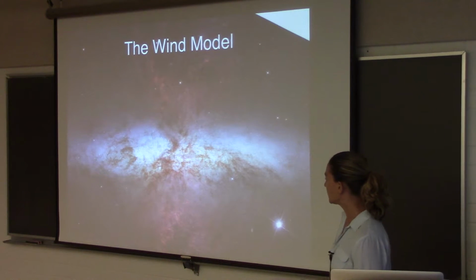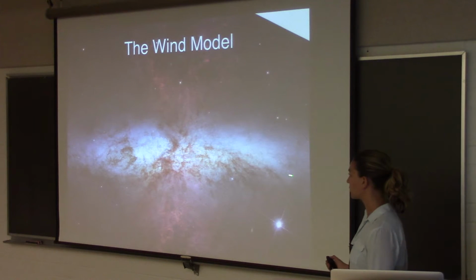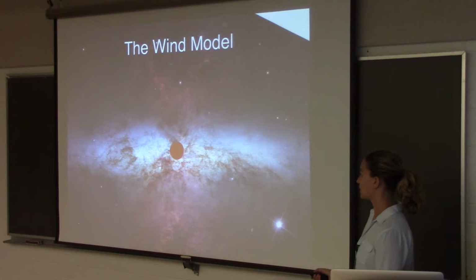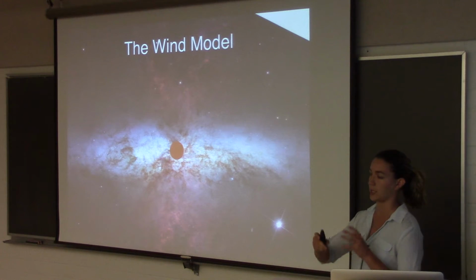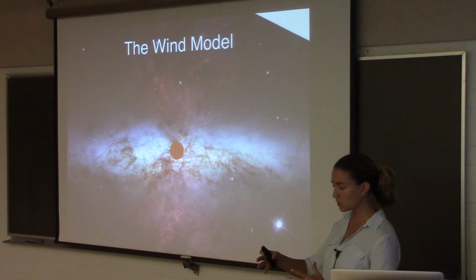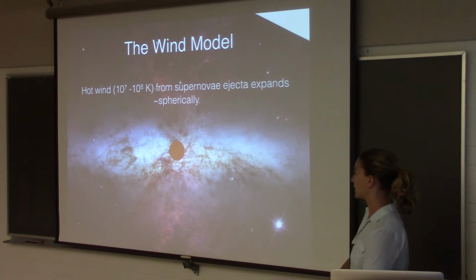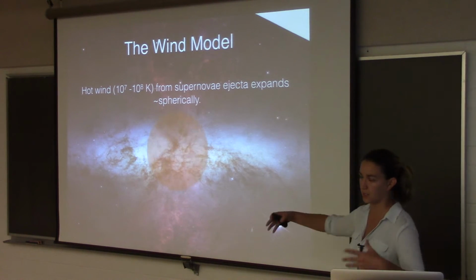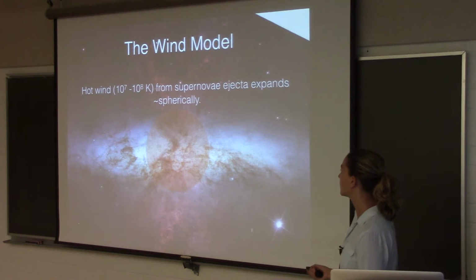So, getting back to the wind model that I was talking about at the beginning of this talk, the idea is that if we have a starburst galaxy, and here again I'm showing M82, you can see the disk and then the wind that's flowing out. There's this starburst in the center, and that's going to create this bubble of very hot, overpressurized gas, which is then going to expand and cool adiabatically, primarily.